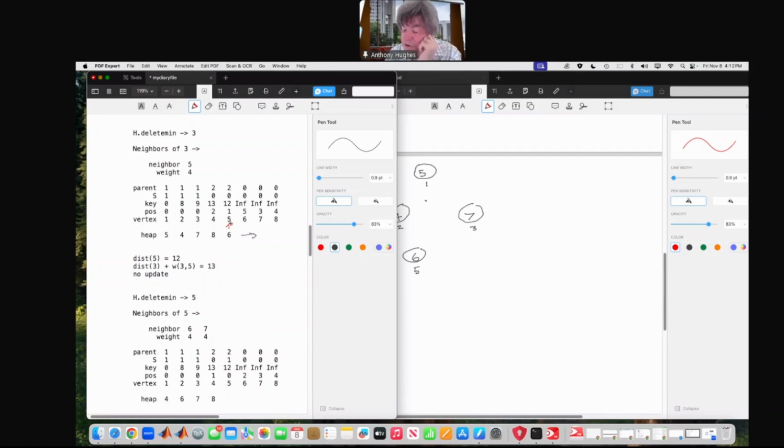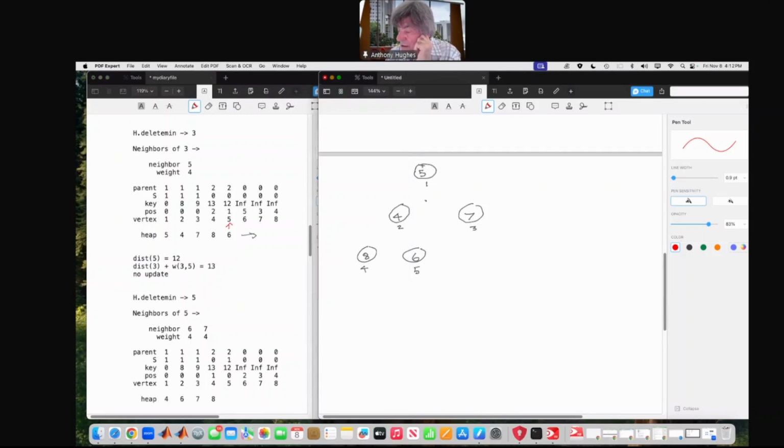Let's have a look at the positions. Position 1 is 5, and that's 12. Position 2 is 4, and that's 13. Okay. So position 5 is 12. There we go. Position 4, there it is, 13.